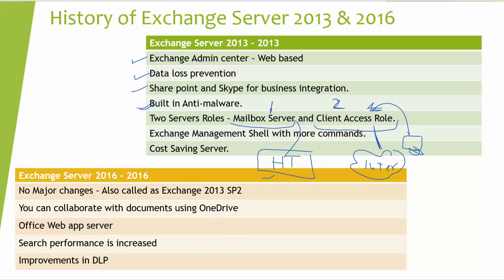So for all emails that you receive, the mailbox server is making sure that whenever an email is received, it goes through the mailbox database, and then the database sends it back to the hub transport.